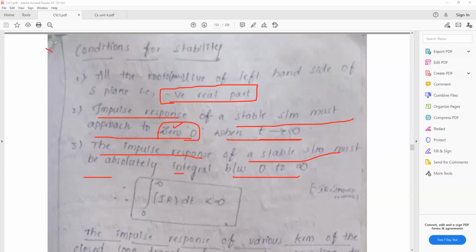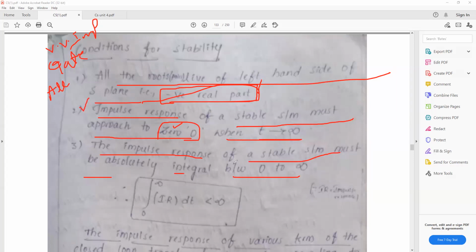This is very, very important for GATE and all competitive exams. First, all the roots lie on the left hand side of the S plane, that is, only on the negative real axis, with no positive real axis. Next, the impulse response of a stable system must approach 0 when t tends to infinity.